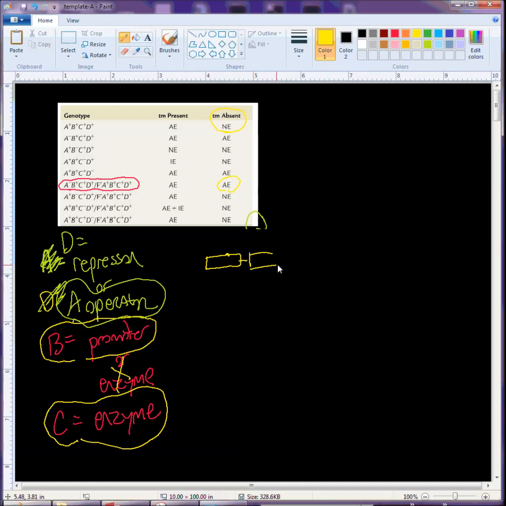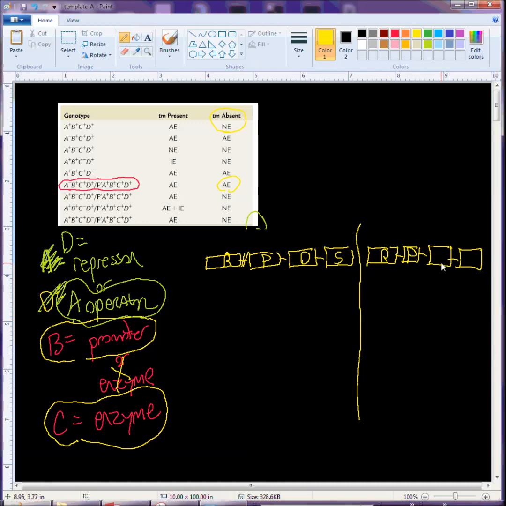So this is the chromosome copy, this is the plasmid copy, repressor, promoter, operator, and structural enzyme.